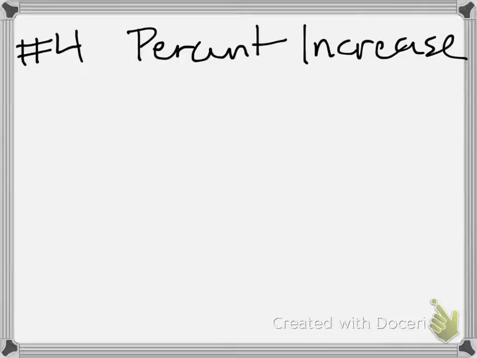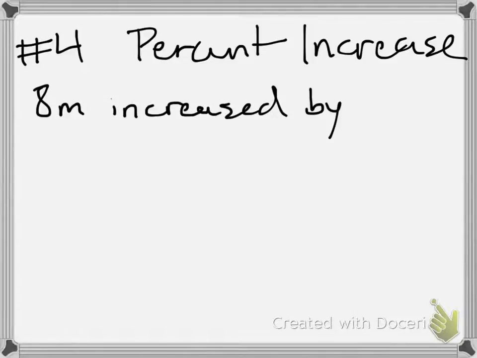Now, if you notice, this is not specifically talking about the percent of change, so let's make sure we're paying attention to the verbiage there. On number 4, it says 8 meters increased by 25%.